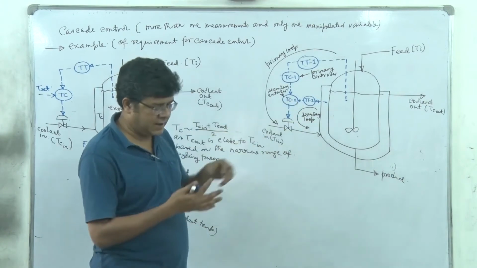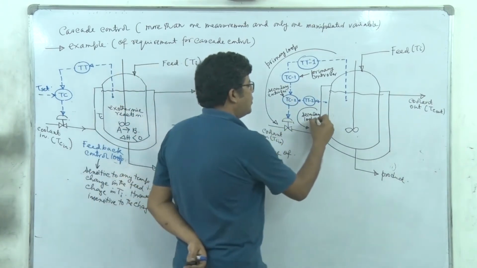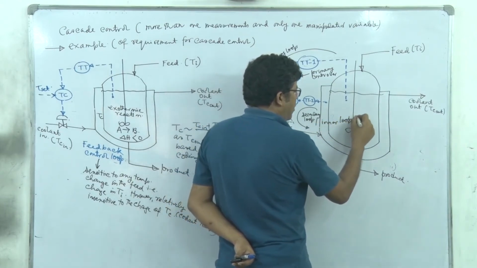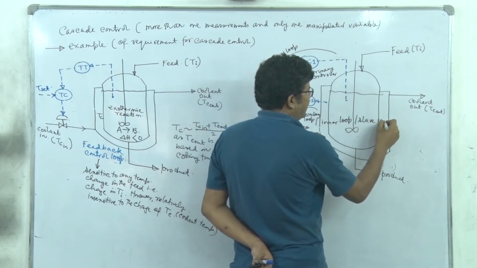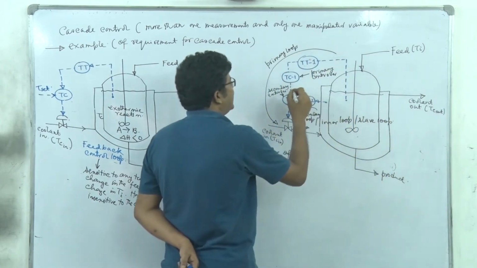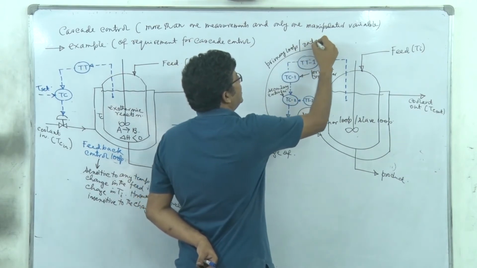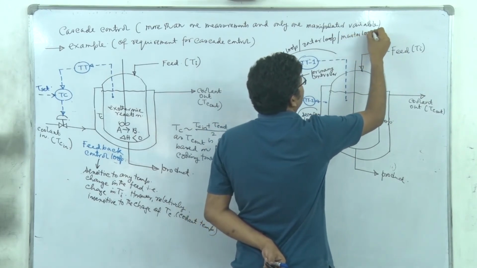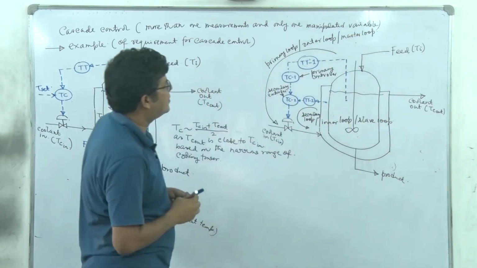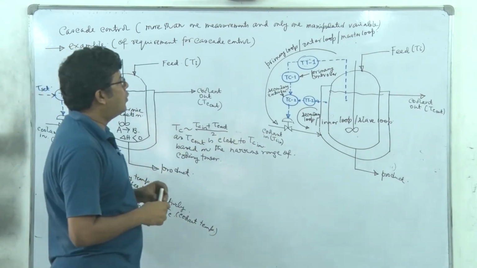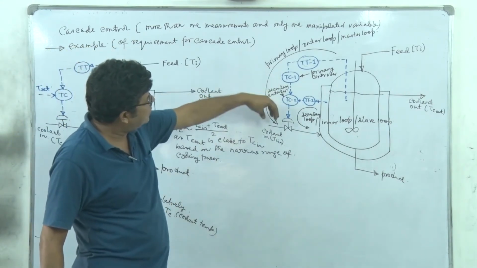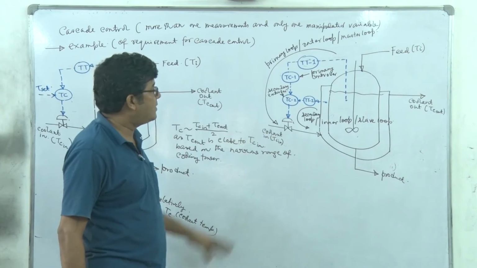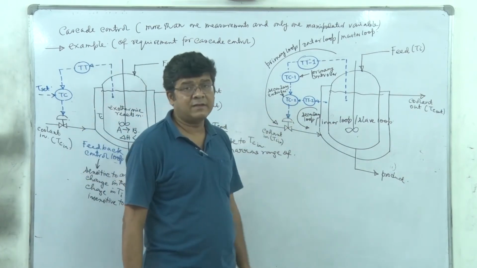The secondary loop is also called the inner loop or the slave loop, and the primary loop is called the outer loop or master loop. The master loop instructs the slave loop to function because it supplies the set point. And that's the basic idea behind cascade control.